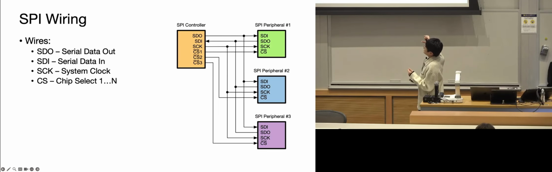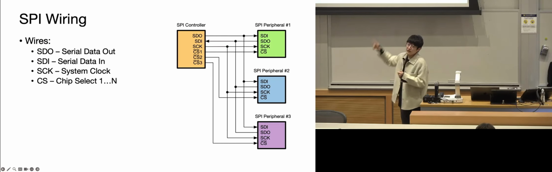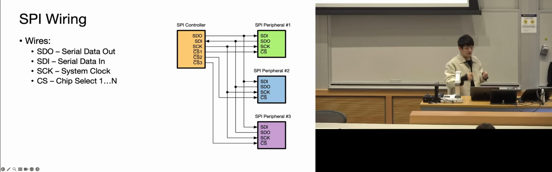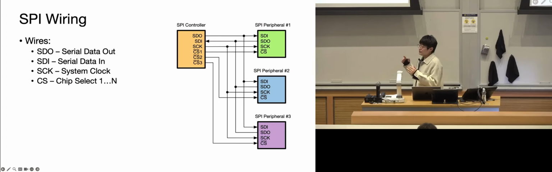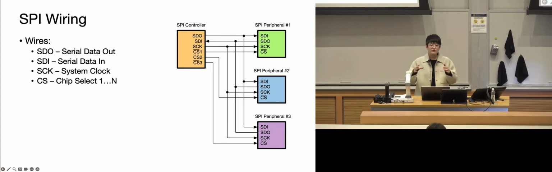And one thing is that the CS pin, the chip select pin, is one per peripheral. So if you need to add more peripherals or devices to this SPI protocol, you essentially add one extra wire per device, which is the chip select.